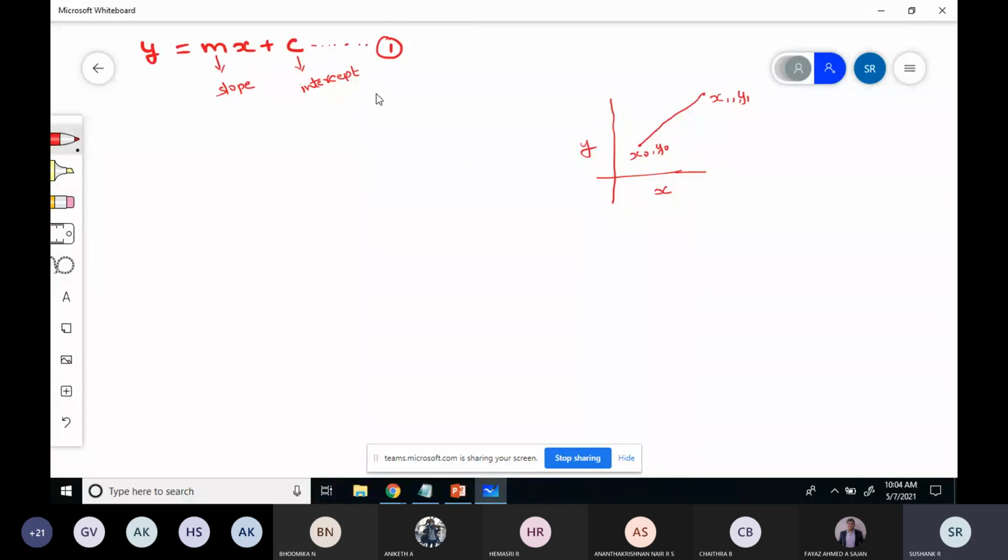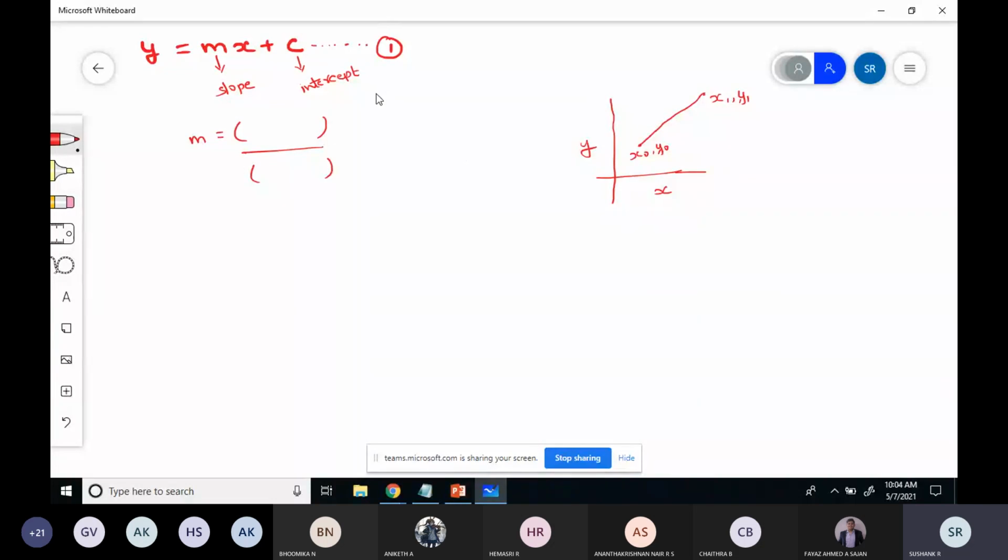Now, how do you calculate the slope? The slope m is the difference in y coordinate divided by the difference in x coordinate, so it is like y by x.